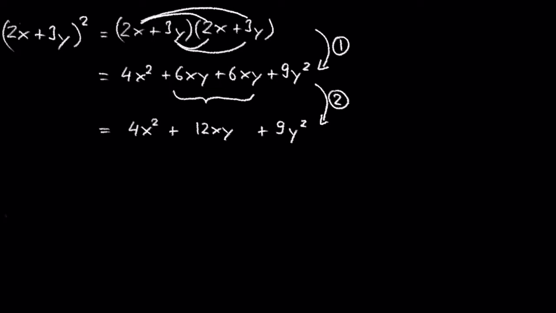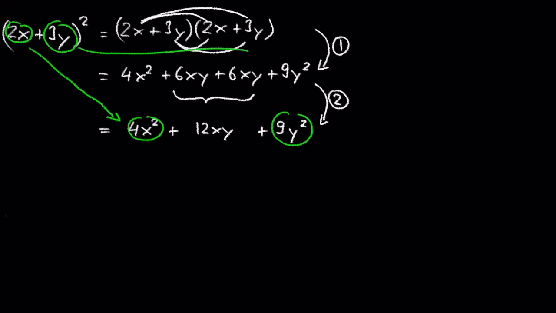We squared the first addend and we squared the second addend. And the term in the middle is just 2 times the first addend times the second addend.